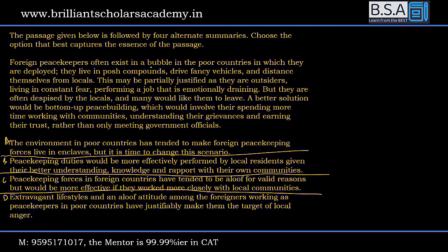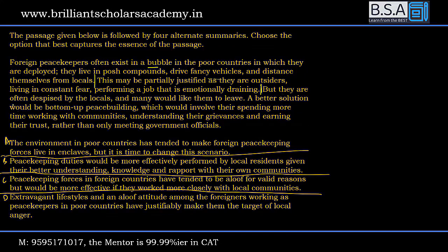Peacekeepers often exist in a bubble in poor countries in which they are deployed. They live in posh compounds, drive fancy vehicles, and distance themselves from locals. This may be partially justified as they are outsiders living in constant fear, performing a job that is emotionally draining.